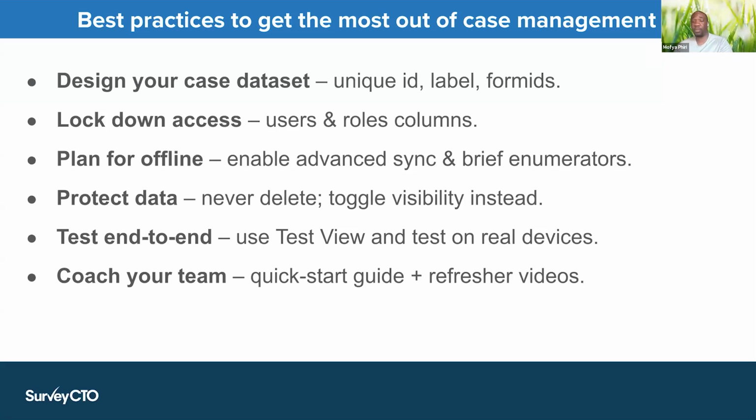This gives you a measure of security, some level of privacy, and also makes sure that you can manage the list sizes that the enumerators are interacting with on their devices. If you plan to work offline, you need to plan for this well in advance. Our case management is set up in such a way that it can work completely offline, but you need to make sure that you've set up all the features that are needed for that.